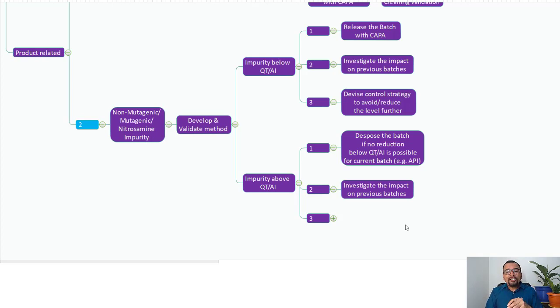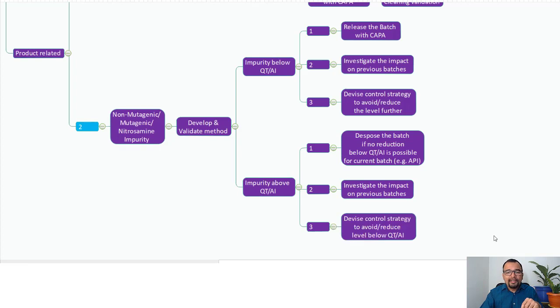Investigate the impact on previous batches. So you need to investigate the impact on all previous batches. Whether this impurity was observed but not noticed by the analyst. So those investigation details are very, very important. And the third point is now devise the control strategy to completely avoid the formation of this impurity or further reduce it below the qualification threshold or acceptable intake.